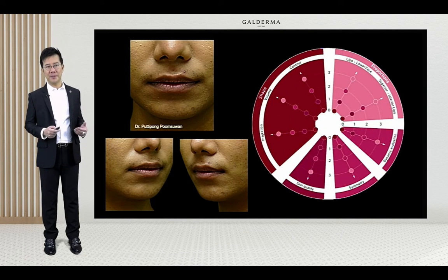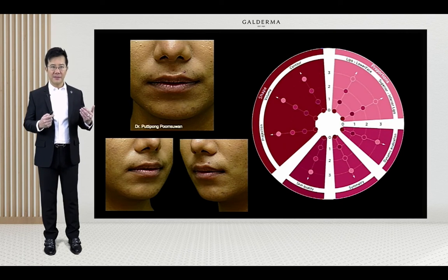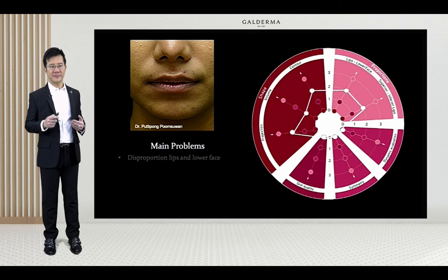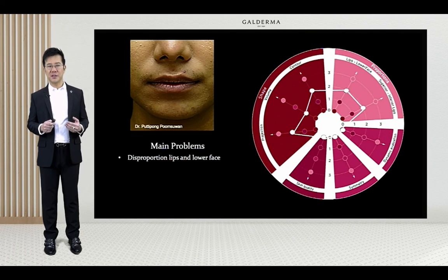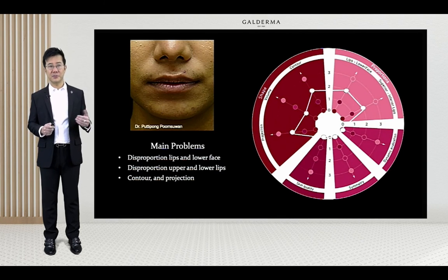This is her main problem that we found from the perioral assessment scale: the proportion of lips and lower face, the proportion of the upper and lower lip, contour and projection.